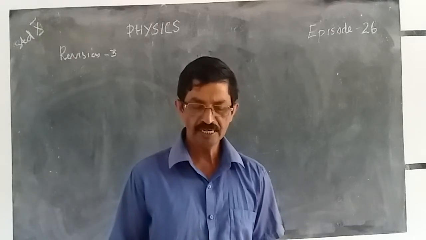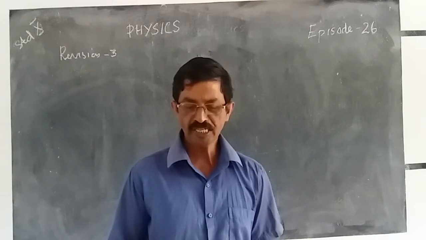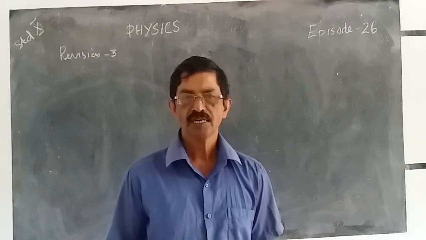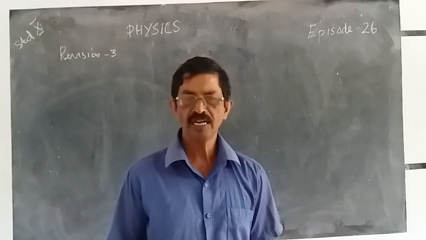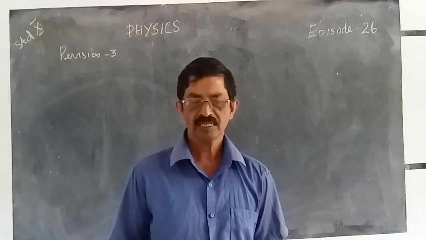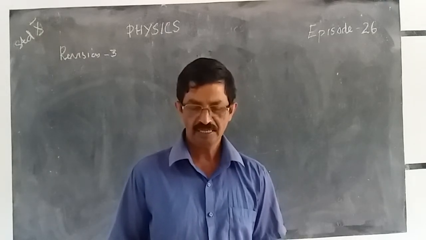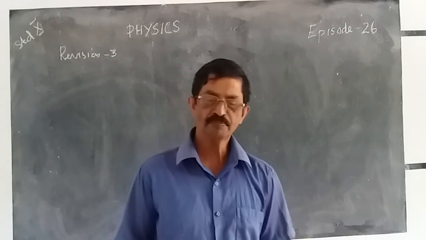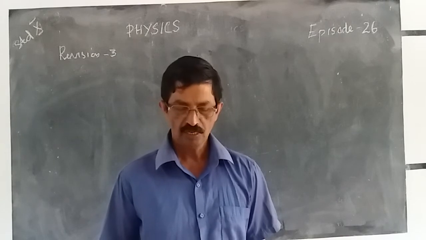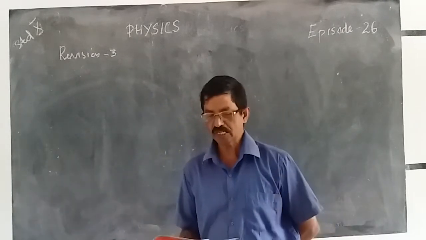And another question: why does a pencil placed in water appear displaced? Suppose we place a pencil in a beaker containing water, what happens? It appears displaced. Once again, these three questions.